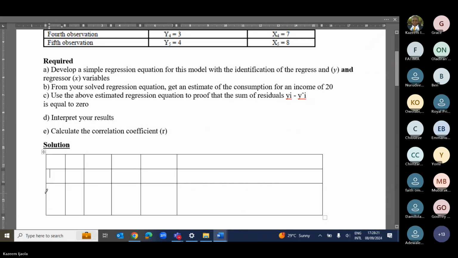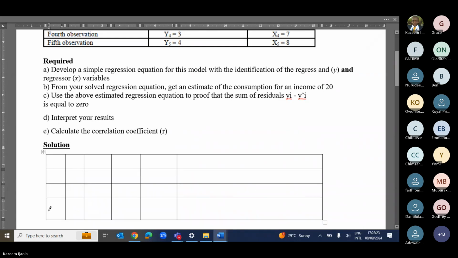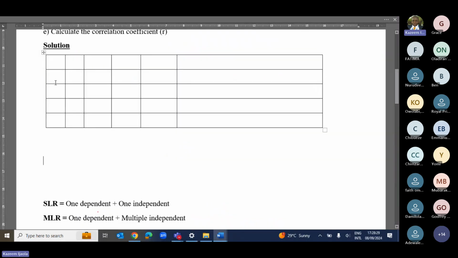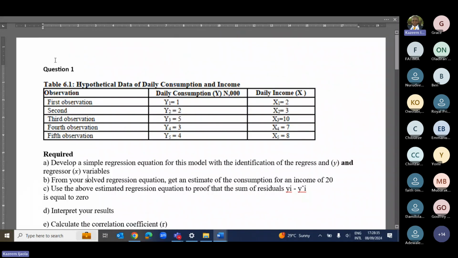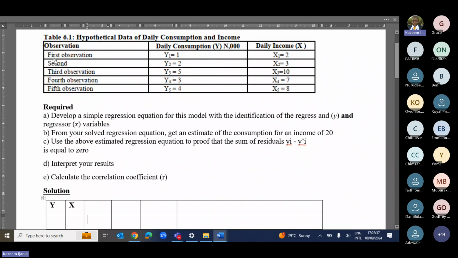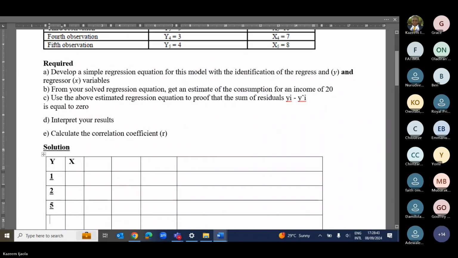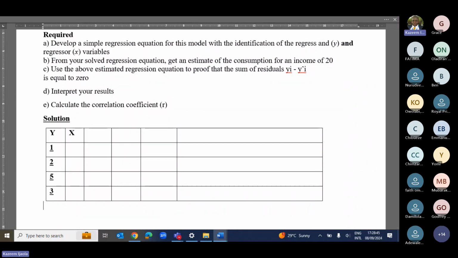Okay. All right. So we have our y and we have our x here. The y we have is 1 2 5 3 4.